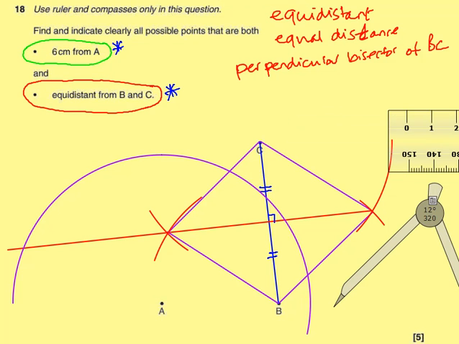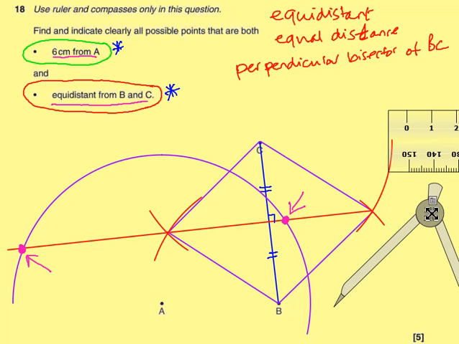So my first point is here, my second point is here. Both of the 2 pink points that I've indicated with an arrow there and there are 6 centimetres from A, and also they're an equal distance from B and C.